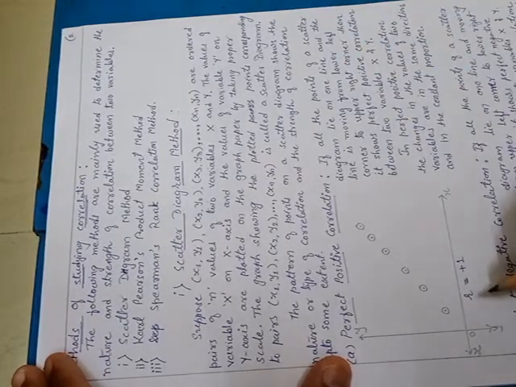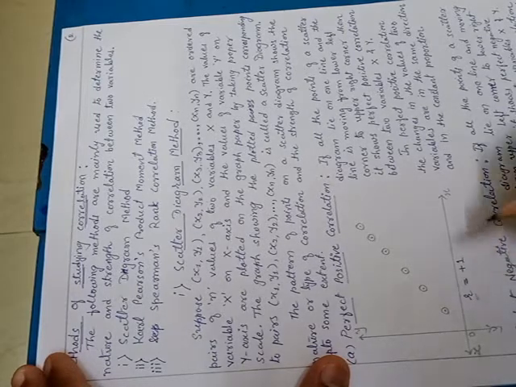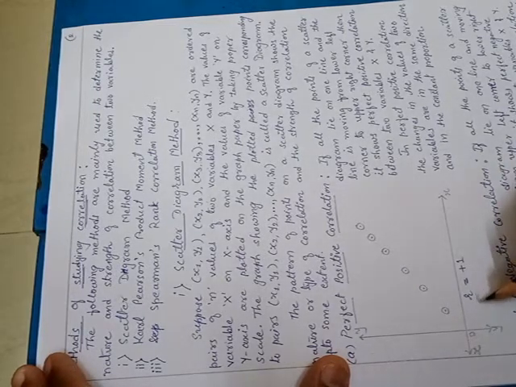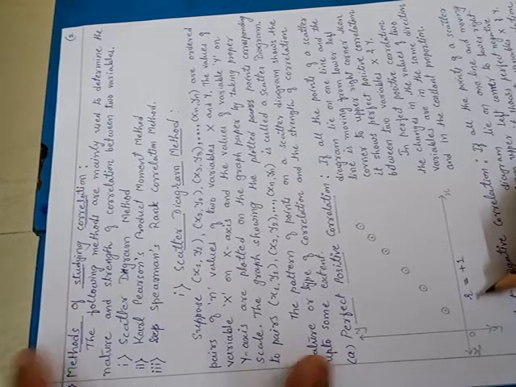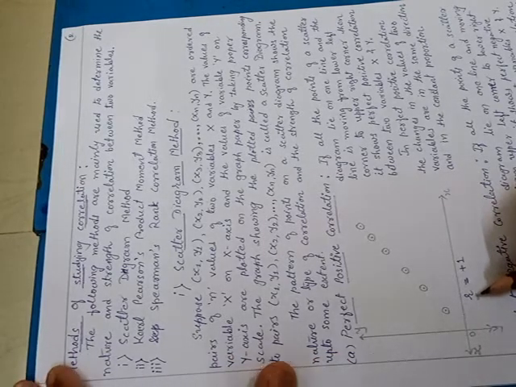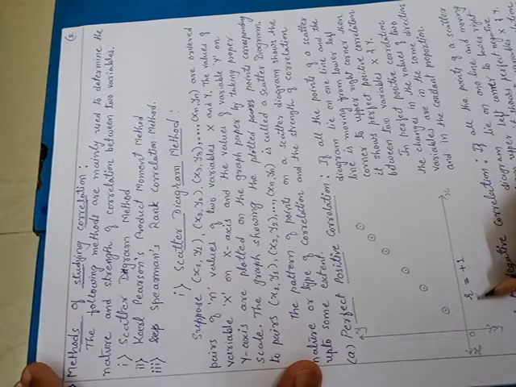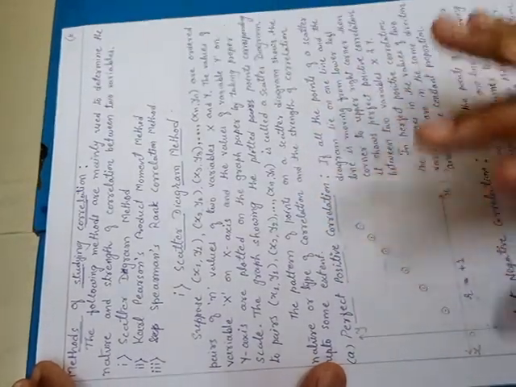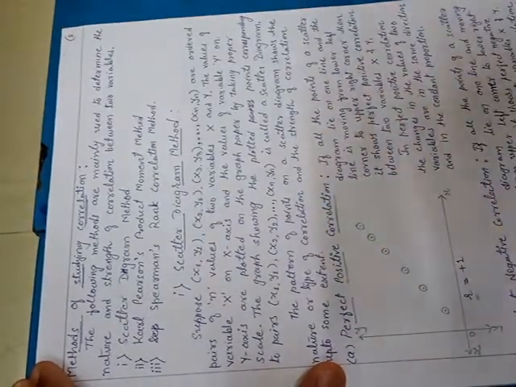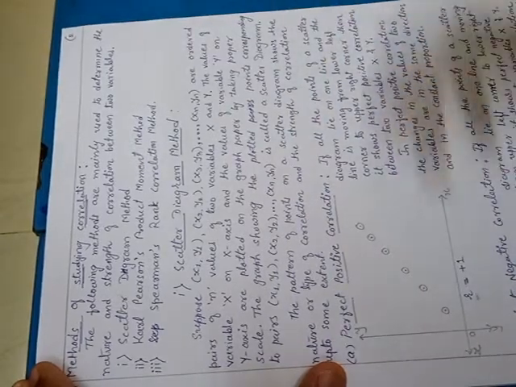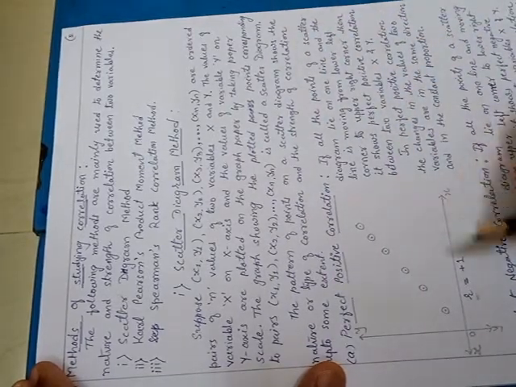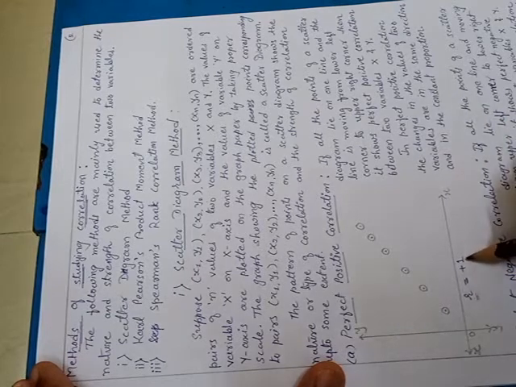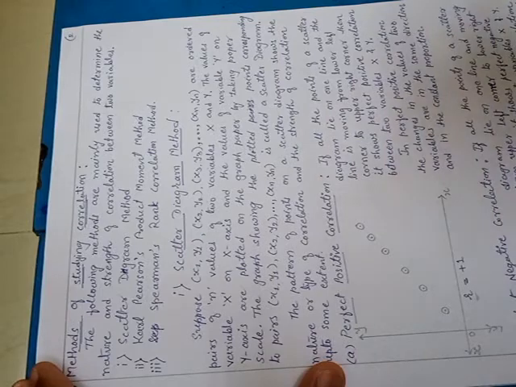We'll discuss this later also, but the value of r, a small r, is denoted for the correlation coefficient, the numerical measure of correlation. You cannot get it according to this method, but when you calculate it with the help of the other two methods, Karl Pearson's method and Spearman's method, if r exactly equals 1, then it is said that there is a perfect positive correlation. That we'll discuss one by one.